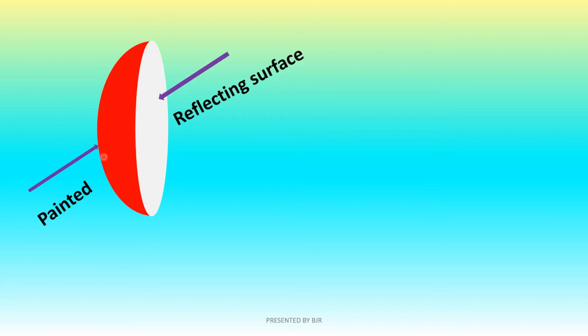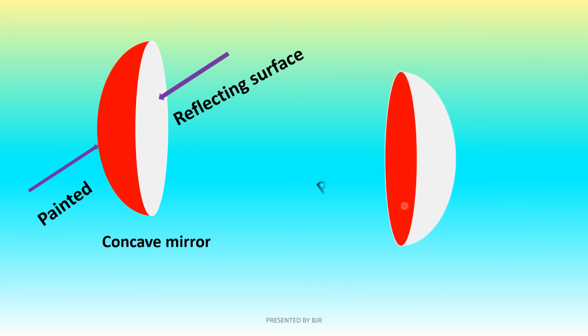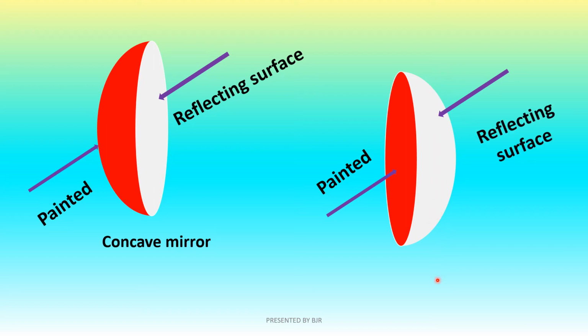It is the concave mirror, painted outer side and inner side is the reflecting surface, hence it is a concave mirror. Similarly, painted inner side and the reflecting surface is this one. Outer side is the reflecting surface, so it is a convex mirror.